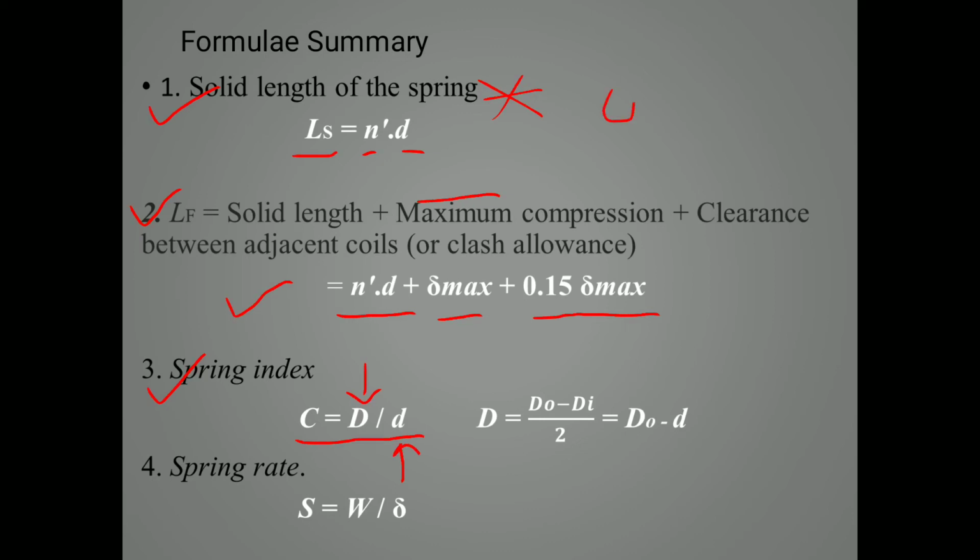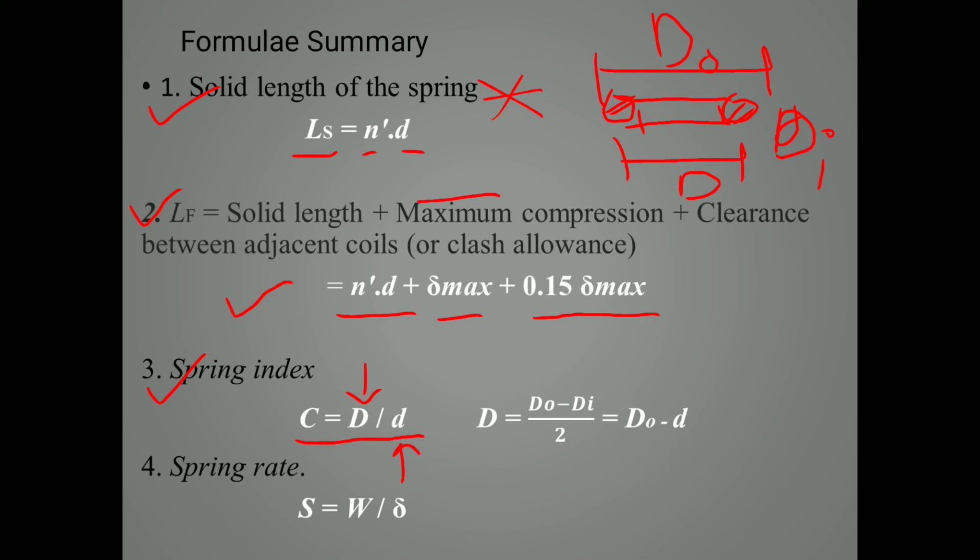Here you can see this is the cross section of a spring. If this is one coil of a spring, this is the mean diameter, that is capital D. The outer diameter you can call Do, and the inner diameter you can call Di.